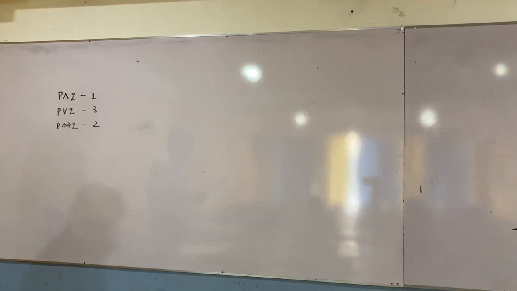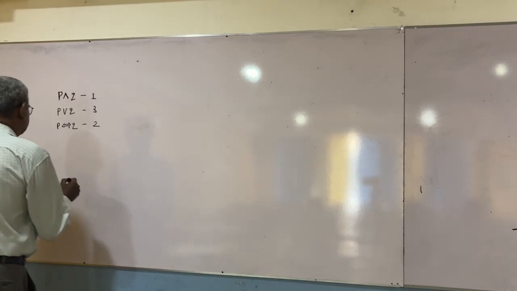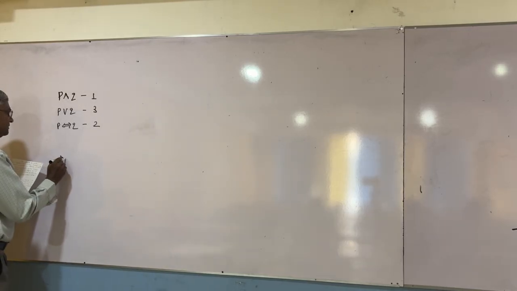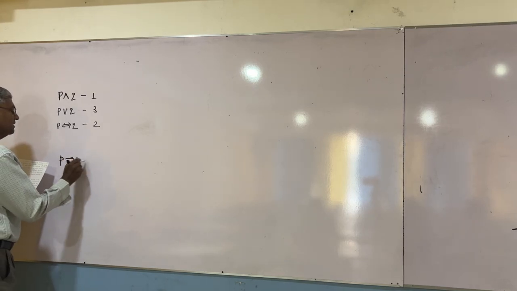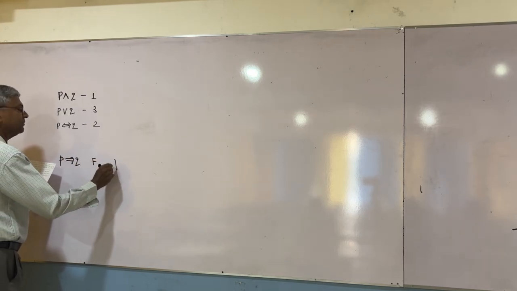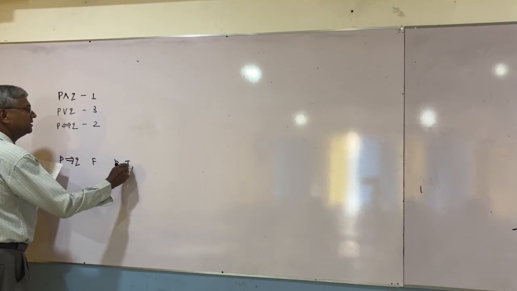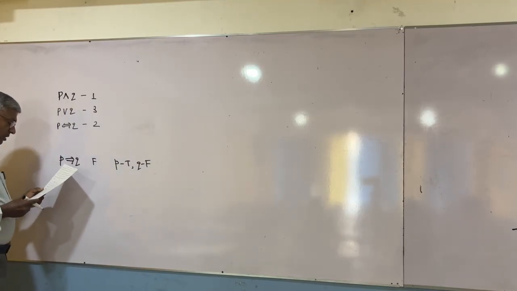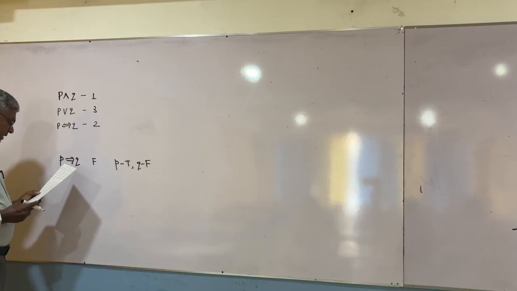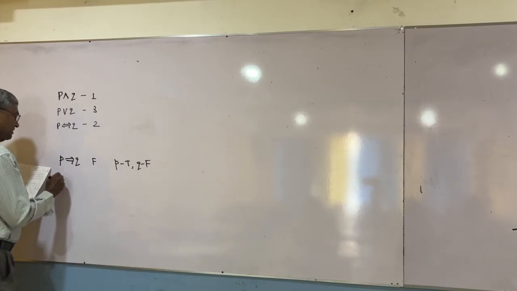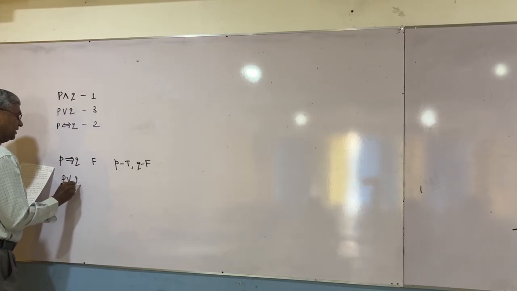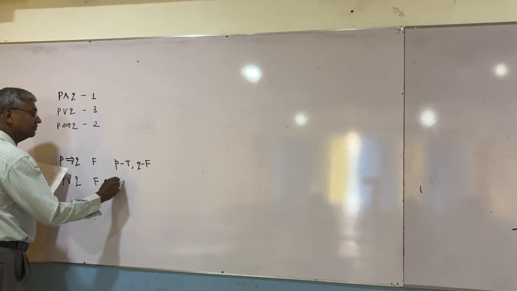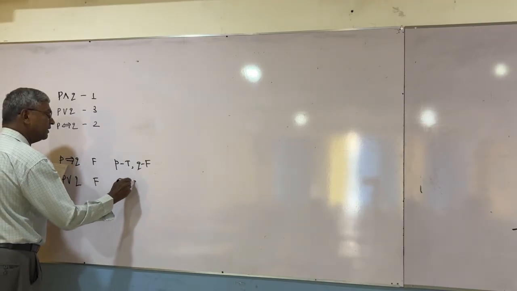Further, observe that P implies Q is false only when P is true and Q is false. And P or Q is false only when both P, Q are false.